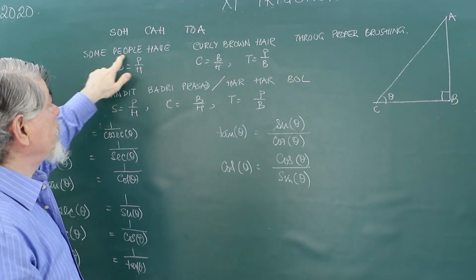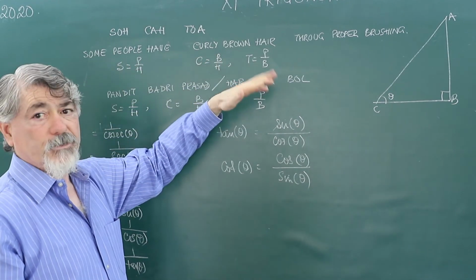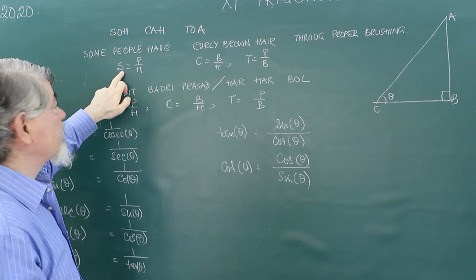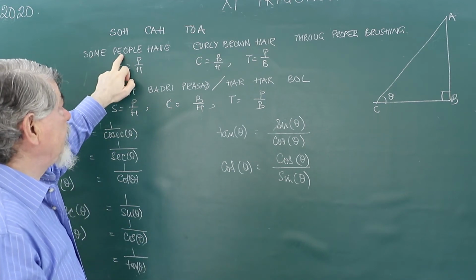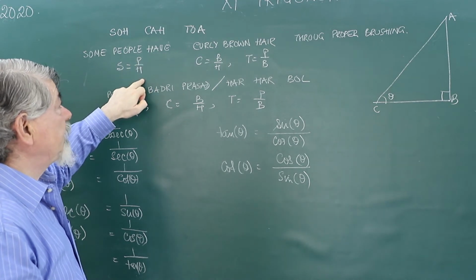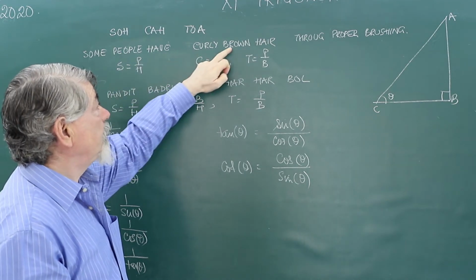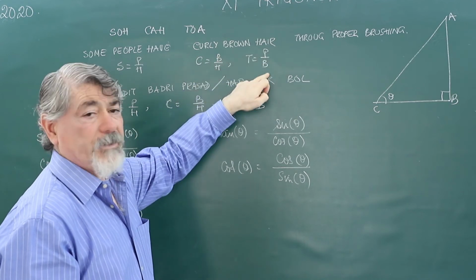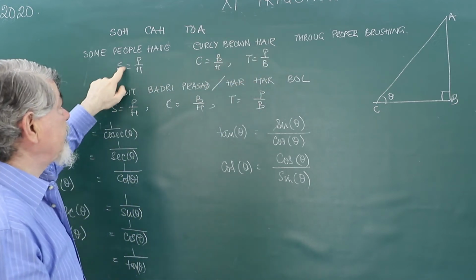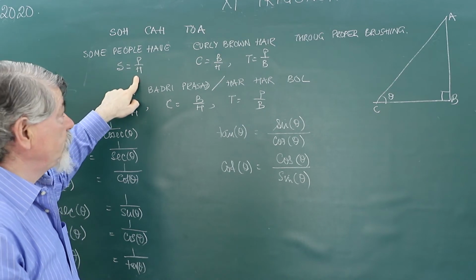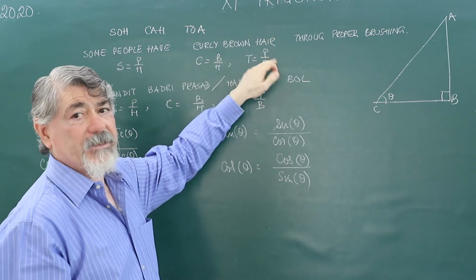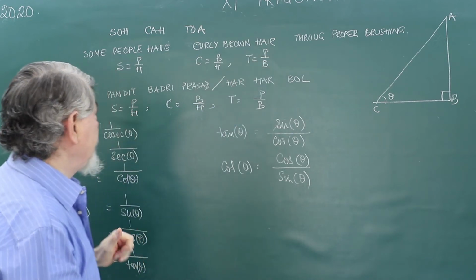Another way is: some people have curly brown hair through proper brushing. Some is S, sine. People, P, have P upon H. Curly is C. Brown is B. Brown hair through proper brushing. So you have sine theta is perpendicular upon hypotenuse, cos theta is base upon hypotenuse, and tan theta is perpendicular upon base.